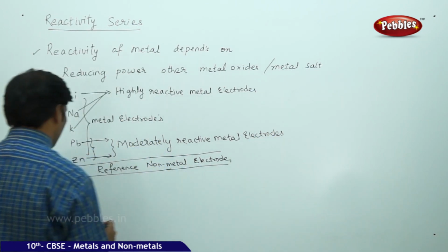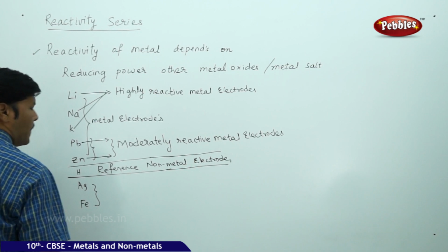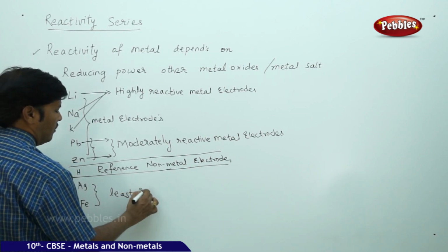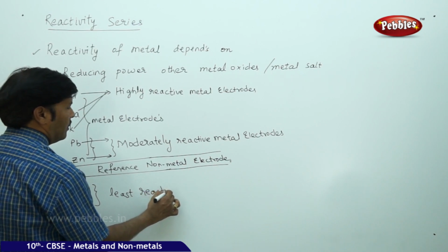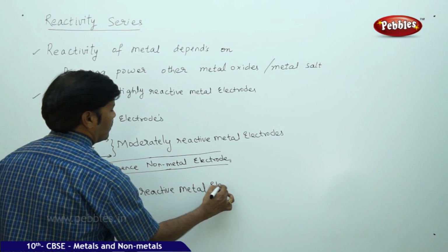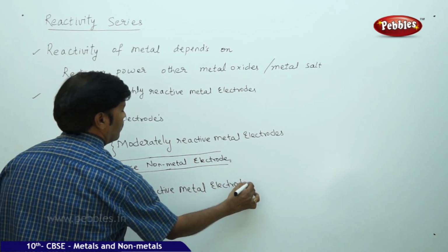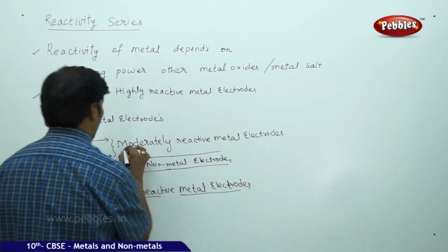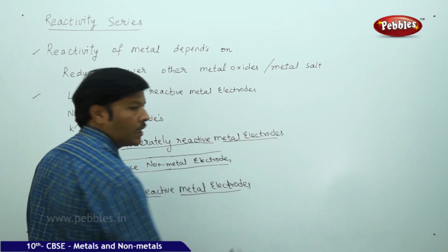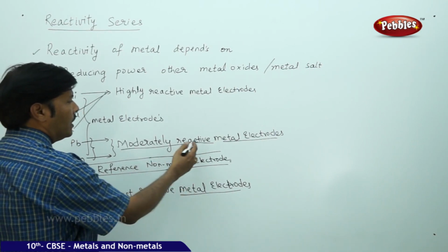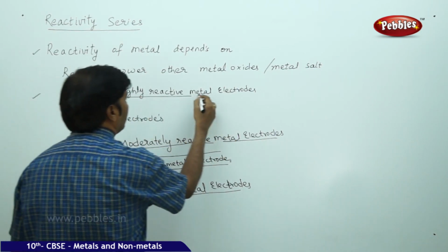If you take silver and iron, least reactive metal electrodes. So we have three different types of metal electrodes: least reactive, moderately reactive, and highly reactive metal electrodes.